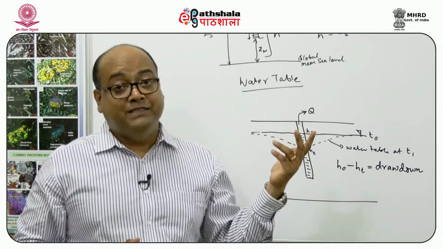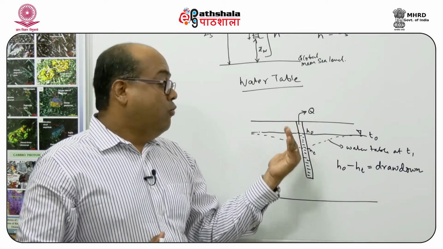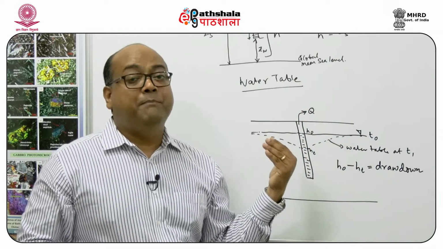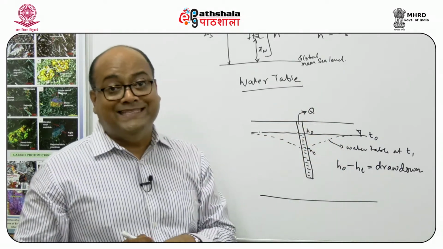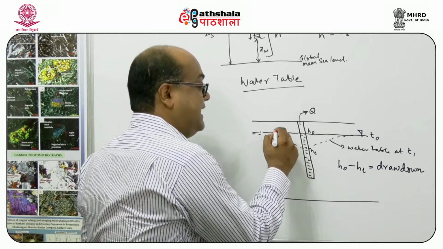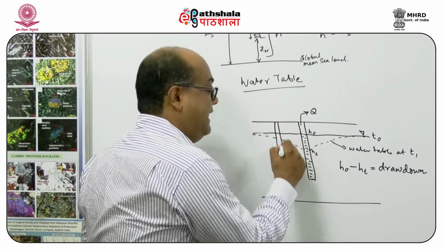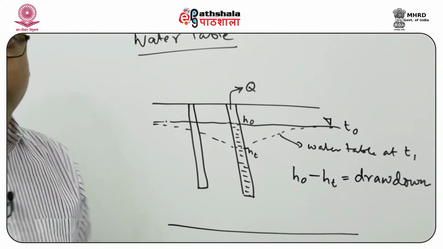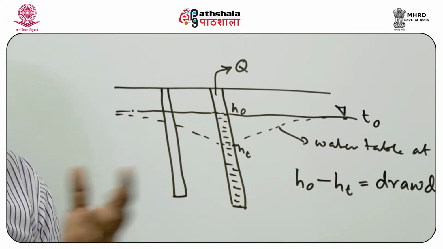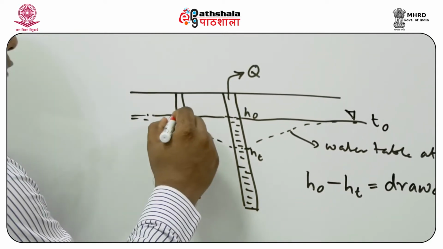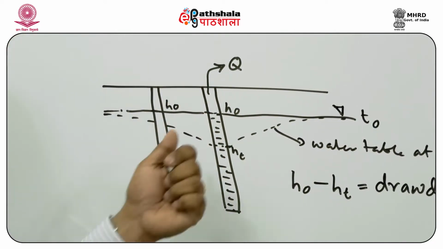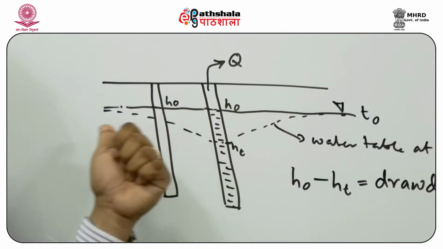Now sometimes the well from which pumping is taking place is different from the well where people are measuring. For example, say I put another well here, where I am not pumping water, I am only measuring the water table. Here also the water level before pumping was at H0, but it is somewhat away from the pumping well.